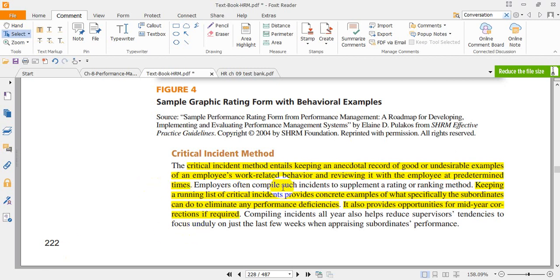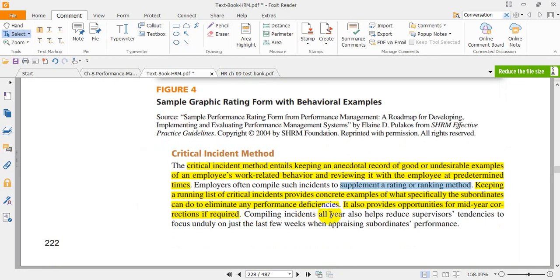Employers often compile such incidents to supplement a rating or ranking method. They can use this method to supplement a rating or ranking method. Keeping a running list of critical incidents provides concrete examples of what specifically the subordinates can do to eliminate any performance deficiencies. It also provides opportunity for mid-year corrections if required.